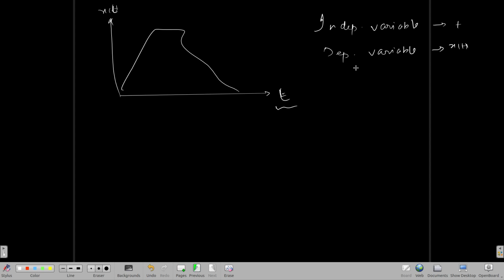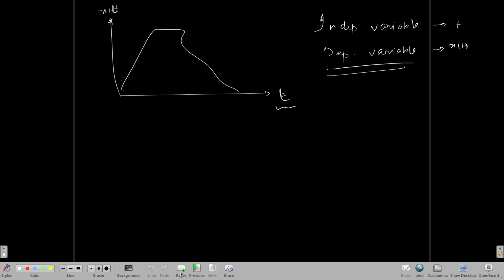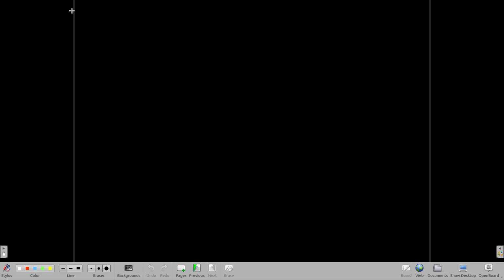So in this particular segment we will be dealing with the operations that we do on the dependent variable, right? On the dependent variable. Okay, so the first operation is amplitude scaling.